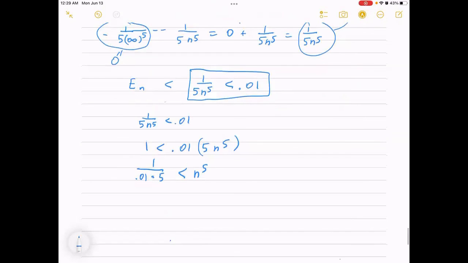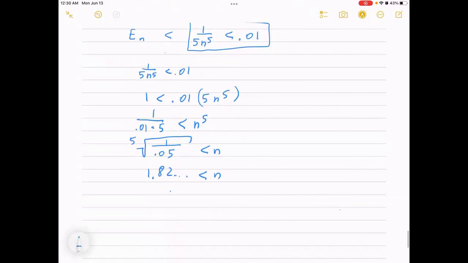So we conclude that n is going to be bigger than the fifth root of 1 divided by 0.05. At that instant we're going to grab a calculator and calculate that fifth root. We get n is going to be bigger than 1.82 something. Because n has to be an integer number, we conclude that n equals 2 works.